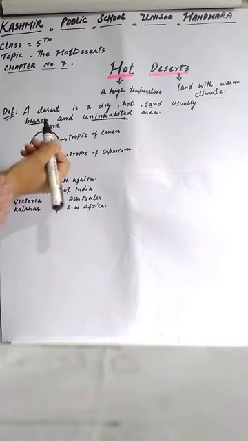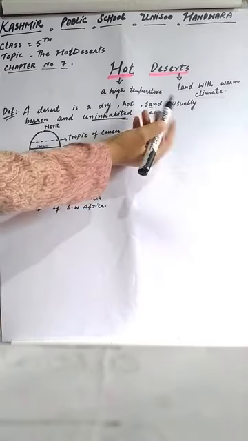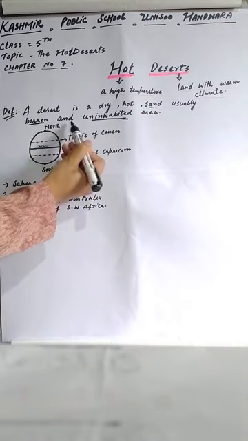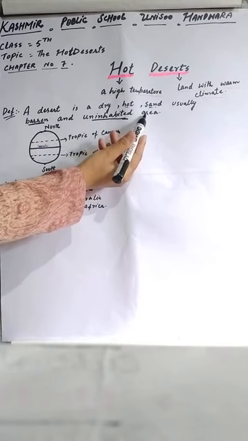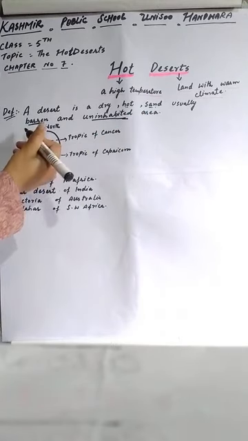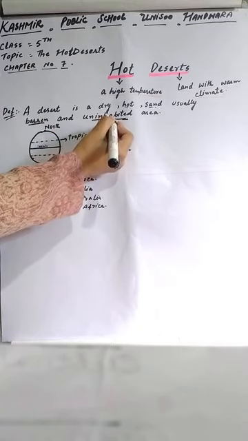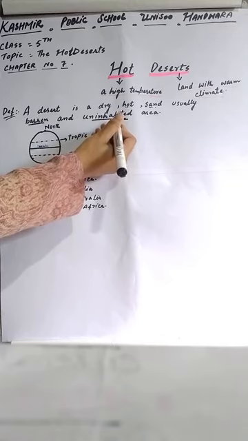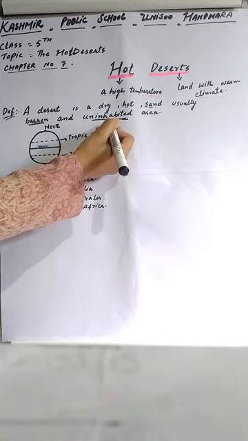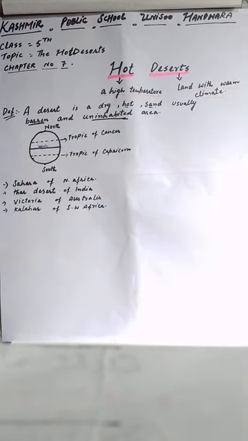The definition of desert is a dry, hot, sandy, usually barren and uninhabited area. Barren means banjar, not suitable for cultivation, and uninhabited means ujad, where there is no habitation. Or we can say a large sandy area with little rain and vegetation is called a desert.